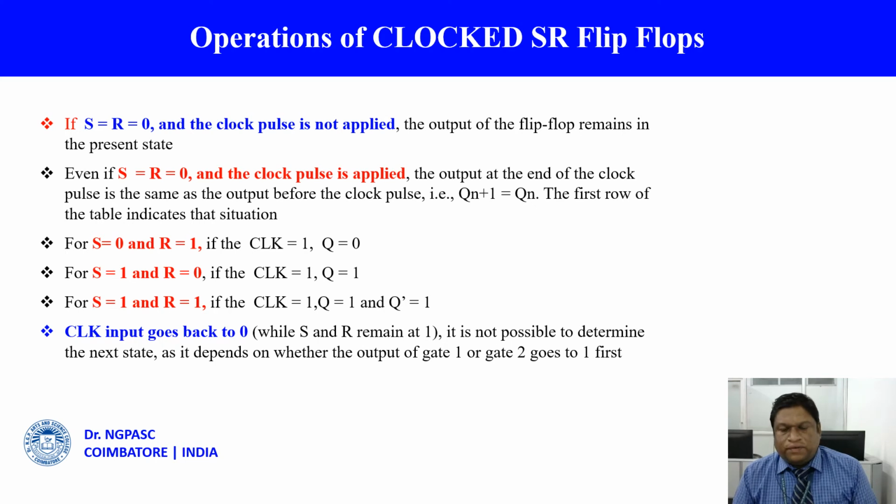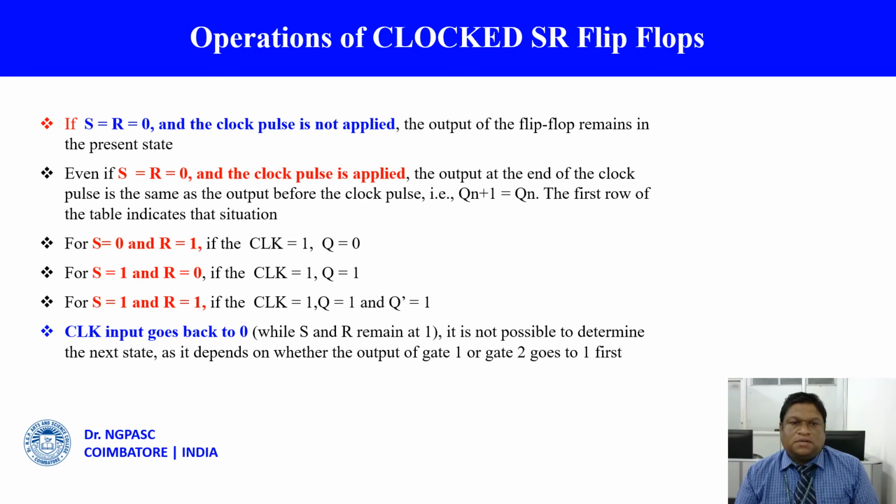Whenever we use a clock pulse, the AND gate has to work, so that whenever there is an edge trigger, the input will go inside the flip-flop. So for S is equal to R is equal to 0 and the clock pulse applied, it will remain in the previous state, which means Qn plus 1 is Qn, where Qn is the present state.